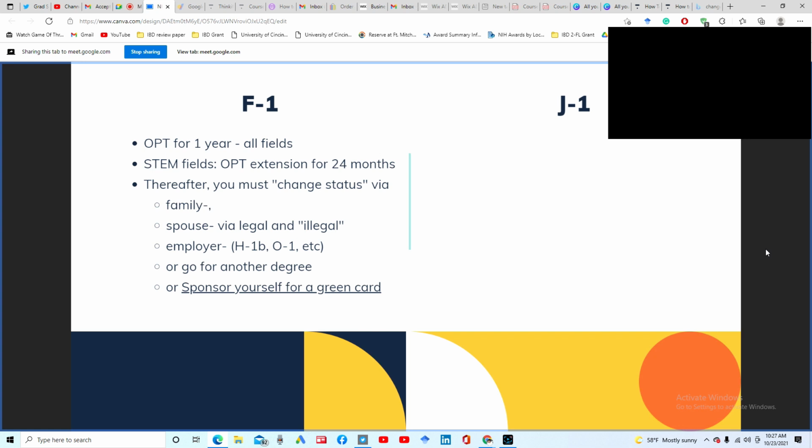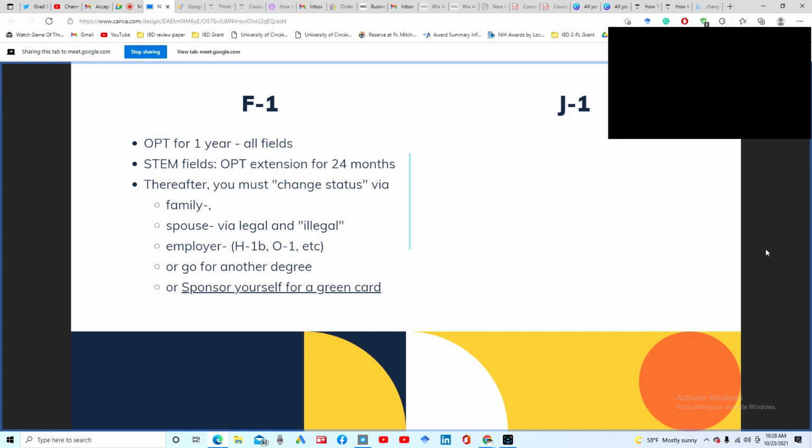Now, for F1 visas, that's the one I recommend. So everyone, irrespective of your field, you get like a one year optional practical training visa. We call it F1 OPT. So you are able to work during this period, regardless of your field.